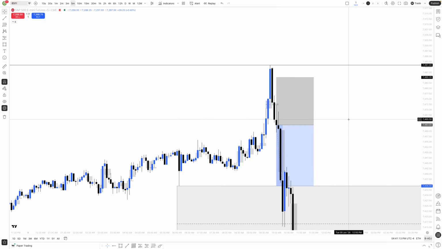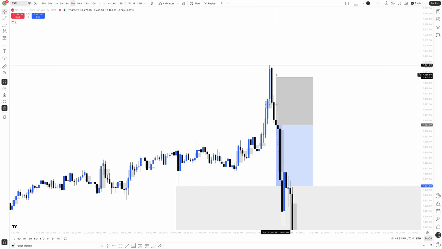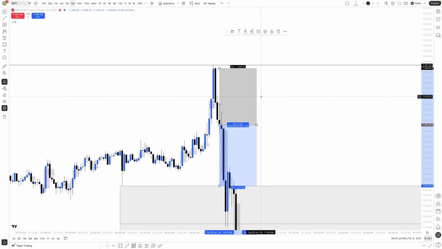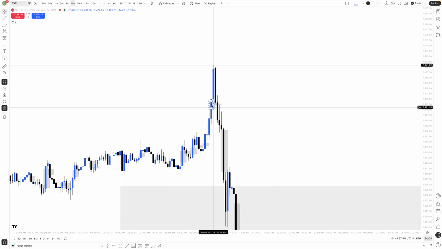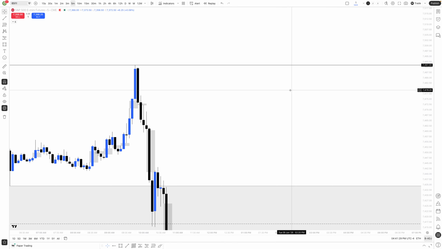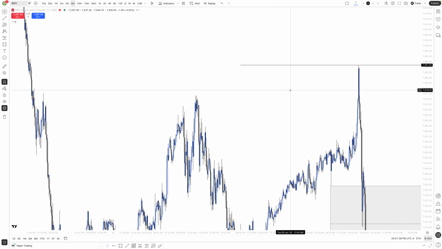Like I said, I don't know if it would work yesterday because you have this gap here. It's tough. But that's the strategy: 5 minute inversion, 5 minute retrace of some sort, whether it's into the IFVG, another normal fair value gap, or equilibrium, and then shorts after that.